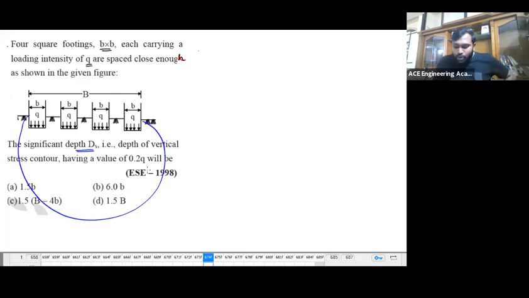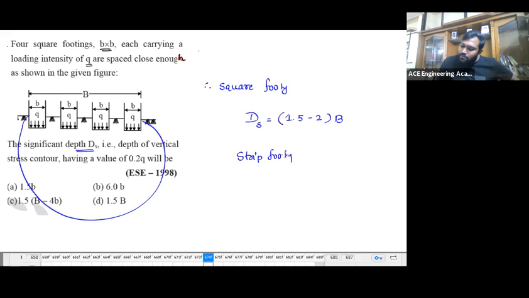So for the total soil, as it is a square footing, the significant depth is 1.5 to 2 times the width. And if it was a strip footing, the significant depth is 2 to 3 times the width.